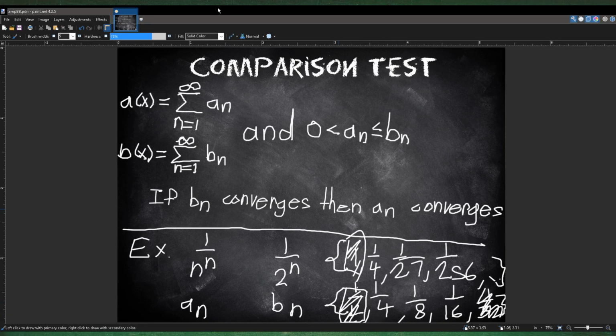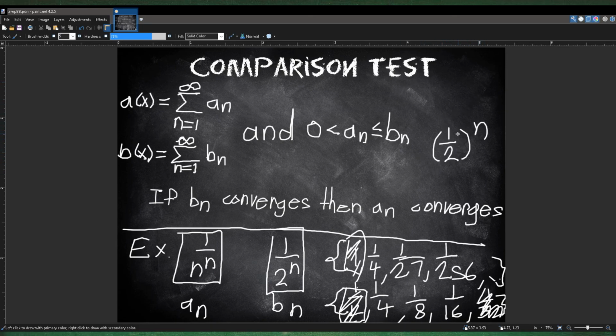So what this tells us is that since 1 divided by 2 to the power of n is generally always bigger than 1 divided by n to the power of n, and since this converges, then this also converges. So how do we know that this converges? Well, what does this look like? It's just 1 over 2 to the power of n, right?